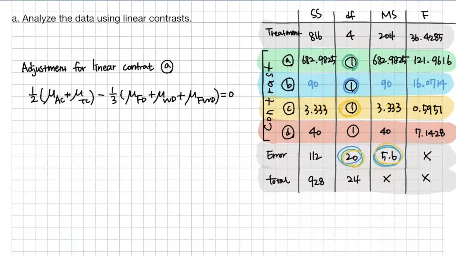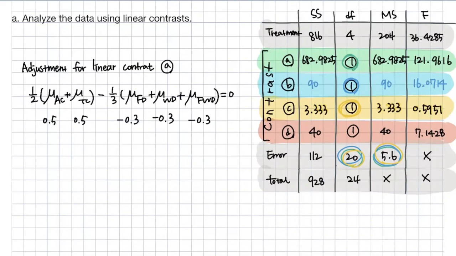But for linear contrast A, for us, the coefficient for mu of AC is 0.5, which is 1/2, and 1/2 for TC, and negative 1/3 for FD. Negative 1/3 can be written as negative 0.3, and also negative 0.3 for the food and water deprived group.